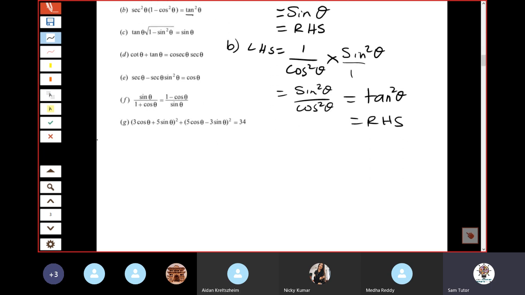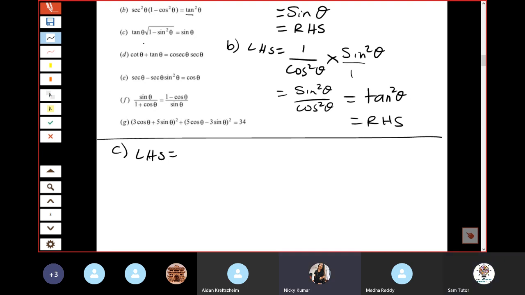C. Tan theta times square root of 1 minus sine squared. Nikki, let's do this one together. Tan theta times square root 1 minus sine squared. Okay, what do you know about tan squared?